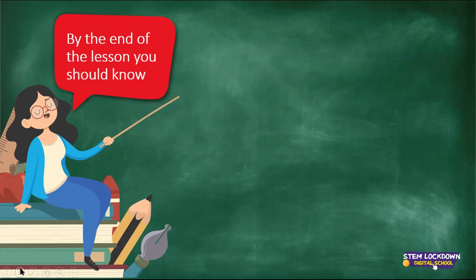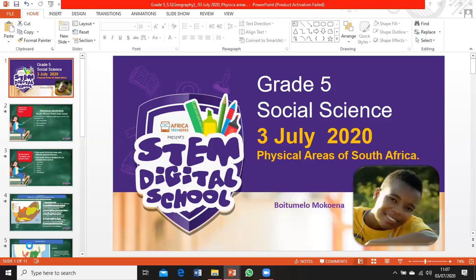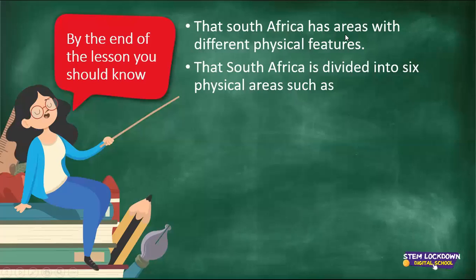Let's move forward. By the end of this lesson today, you should know that South Africa has areas with different physical features. As I've told you, these features have been divided by natural borders.